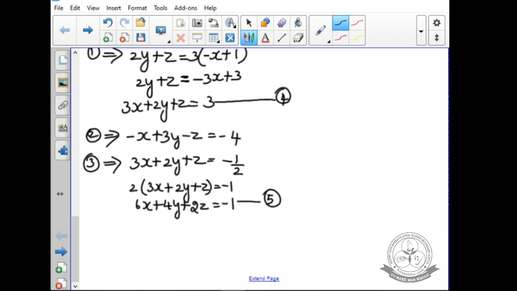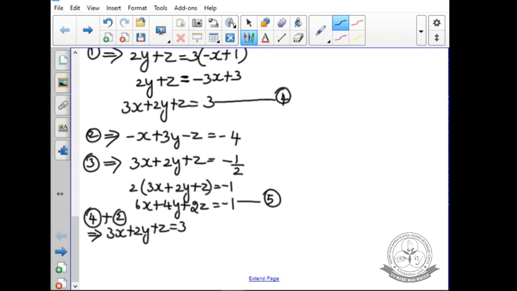So we take the fourth equation. Adding fourth equation plus second equation: the fourth equation is 3x plus 2y plus z equal to 3.